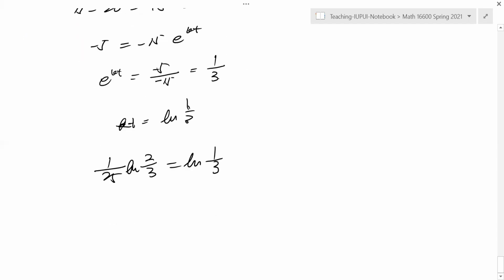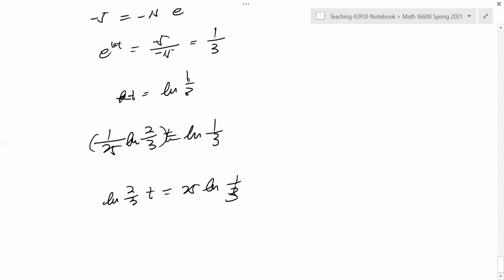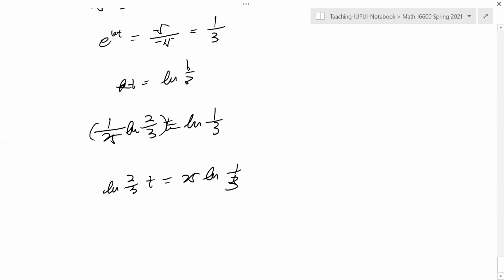Let's compare both sides, this is k and that is t. On both sides I'm going to multiply by 25. So t is 25 natural log of 1 over 3 over natural log of 2 over 3. That's it. You have to estimate.